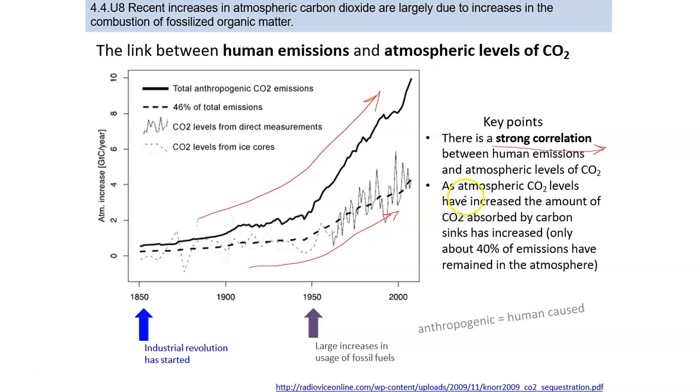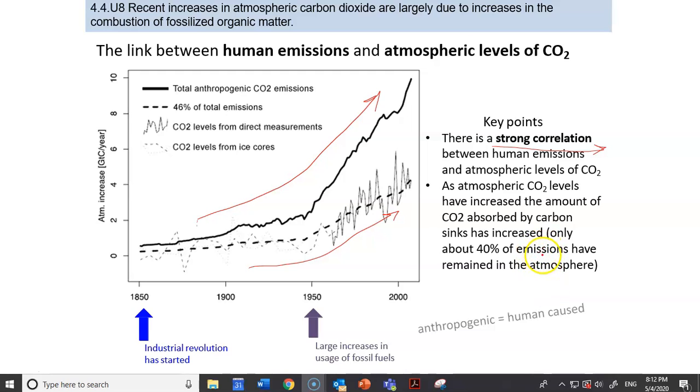As atmospheric CO2 levels have increased, the amount of carbon dioxide absorbed by carbon sinks has increased. Only about 40% of emissions have remained in the atmosphere. Another thing we can explain here is that once the level of carbon dioxide increased, the amount of carbon dioxide absorbed in the sinks will also increase. So human emissions will increase the level of carbon dioxide.